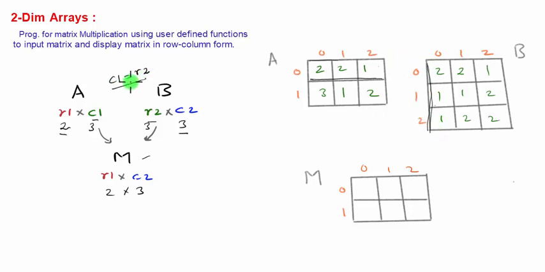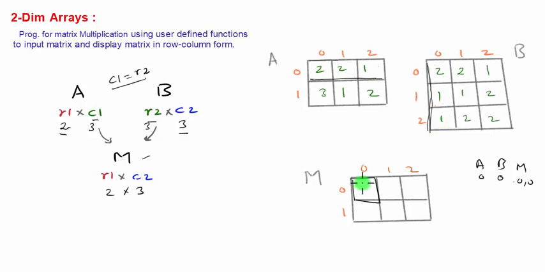For multiplication, we multiply first row of A with first column of B. Actually 0th row of A with 0th column of B. So we are multiplying 0th row of A and 0th column of B to get the M00 element. We multiply 2 into 2 plus 2 into 1 plus 1 into 1.